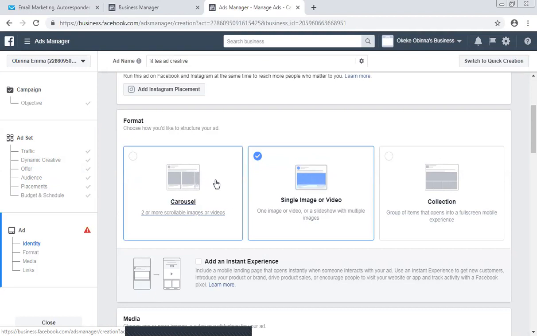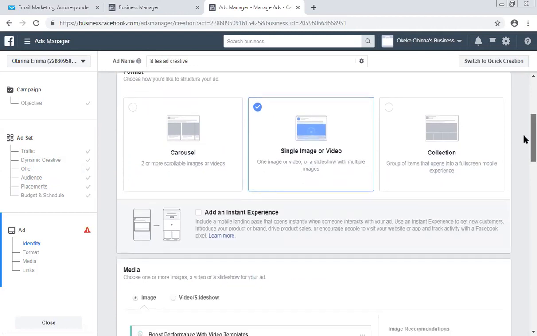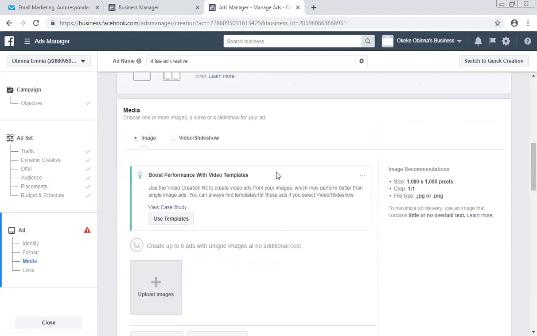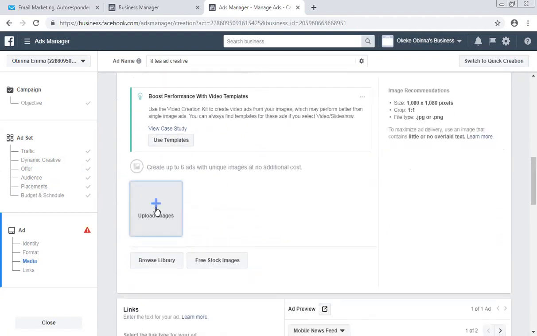But for the product we are selling, most of my adverts, I use a single image or video ad. But for this training, we'll be using image. So I leave it single image. Then I come down. Because I've selected image, I go on to upload my image. So I click on upload images.